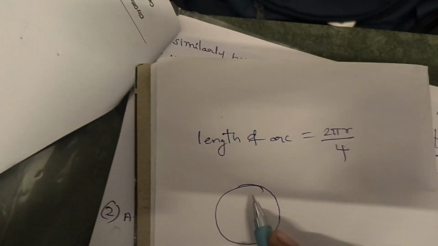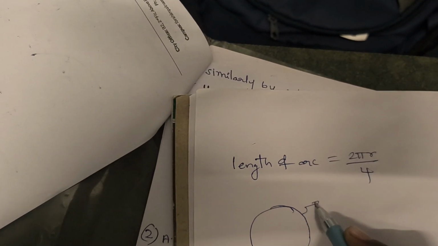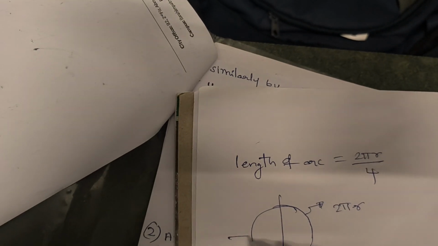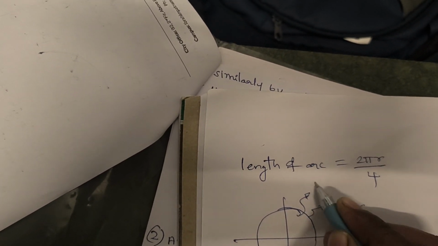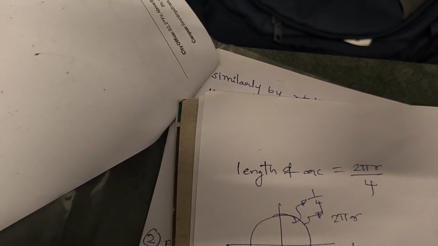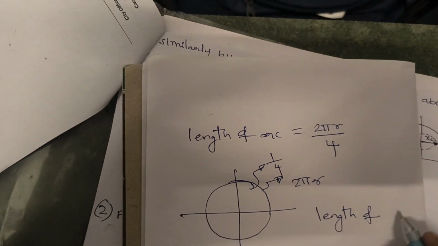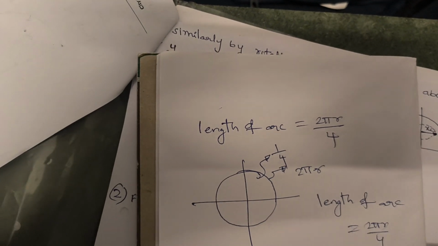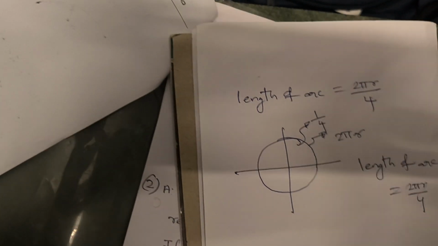For the entire circle the circumference is 2 pi r, but in our case it is only the 1 by 4th part, so the length of the arc is 2 pi r by 4. Thank you.